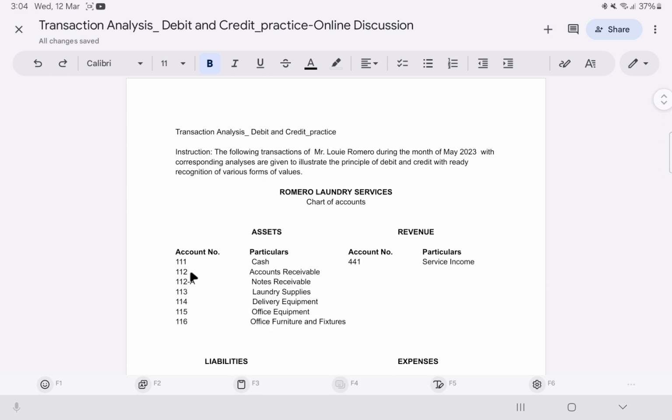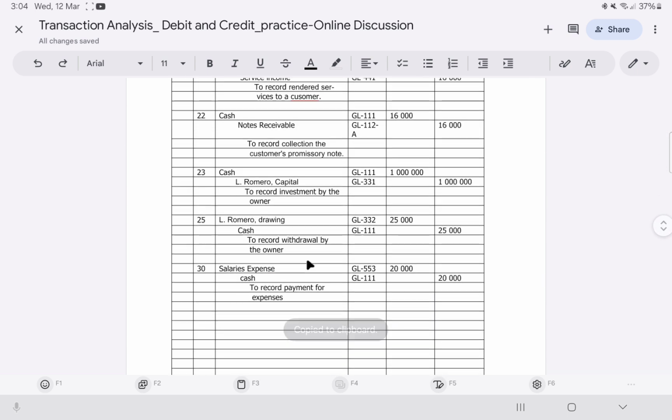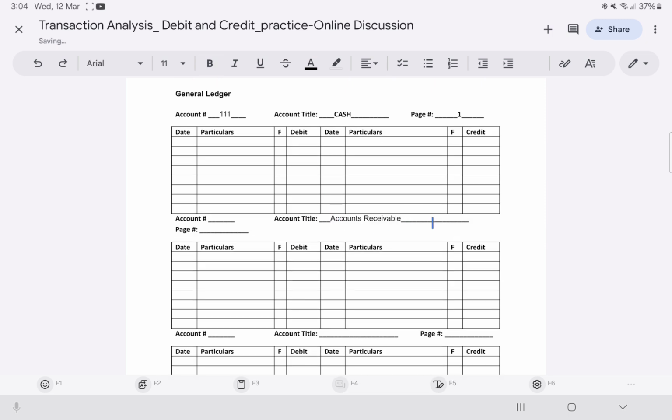Okay, let's record first the accounts receivable, and it is 112. Then this is 112, then page 2.